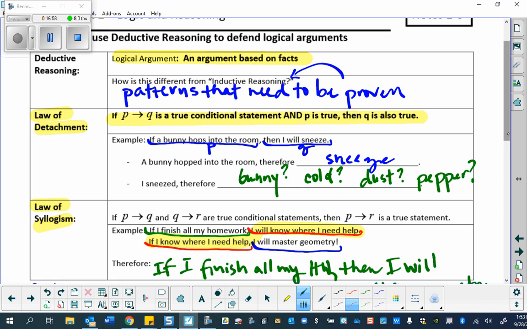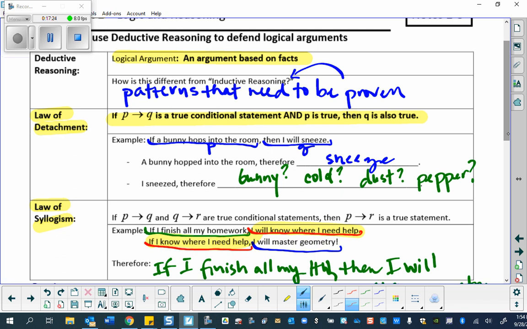If you've been given it as true, then you can trust that it's going to be true. An example is, if a bunny hops in the room, then I will sneeze. So let's say I'm deathly allergic to bunnies. As soon as that bunny hops in the room, I'm guaranteed to sneeze. If P happens, then Q is guaranteed.